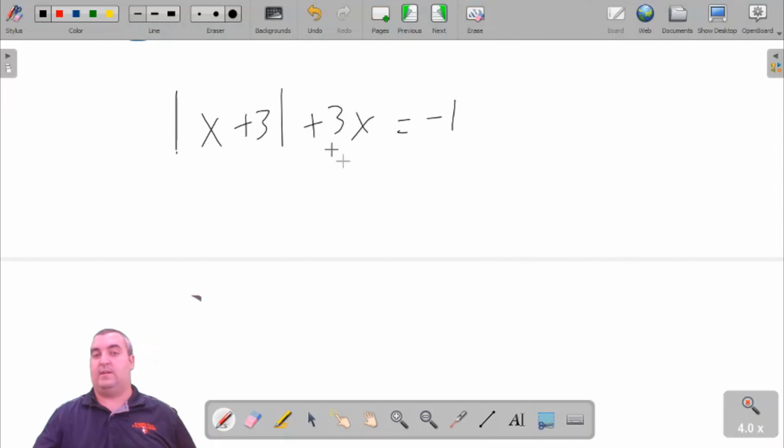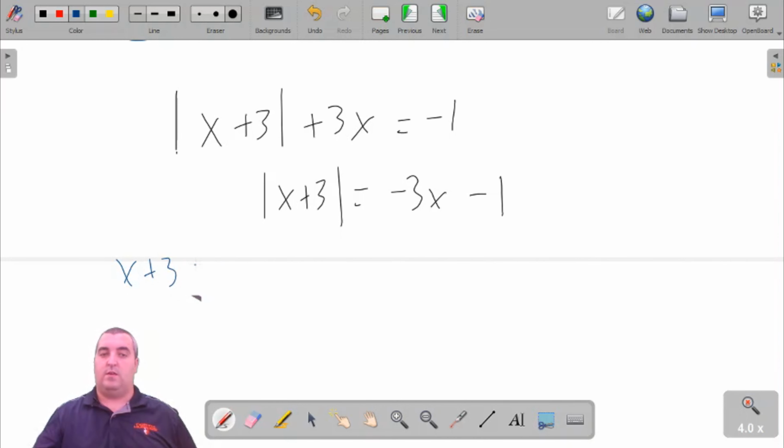So to isolate it, we got to move this 3x to the other side. Minus 3x minus 1. All right, so now we have isolated the absolute value. So now we go ahead and we do the positive version and the negative version. So it'll be x plus 3 equals, and then this side stays the same.